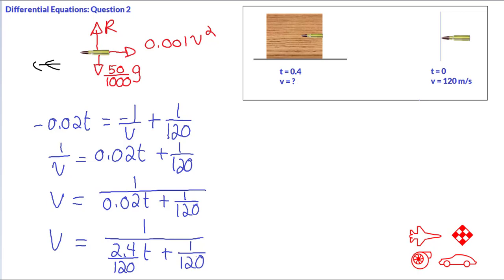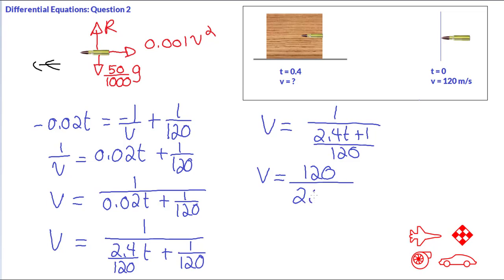So you can say v is equal to 1 over 2.4t plus 1, all over 120. What that allows us to do is flip the bottom to the top because the fraction is in the denominator. So it becomes v equals 120 all divided by 2.4t plus 1. That is the function of velocity with respect to time.